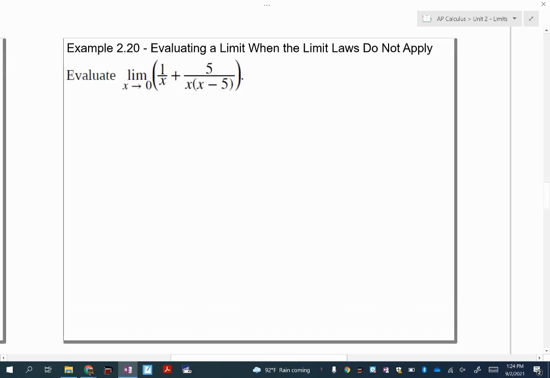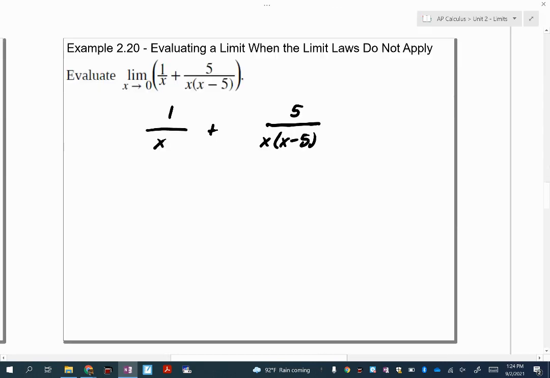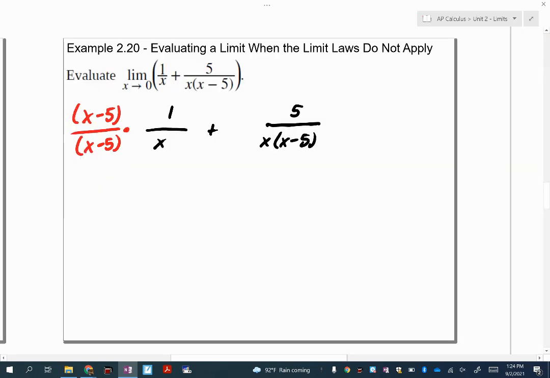So if I do the math here, I have 1 over x plus 5 over x times x minus 5. The common denominator is actually x times x minus 5. One of them already has it, so this is the only one that needs it. So now I'm going to have x minus 5 plus 5 all over x times x minus 5.